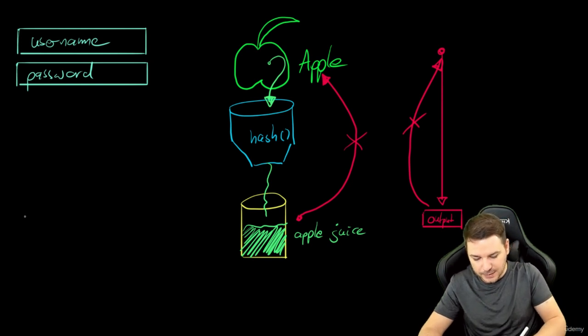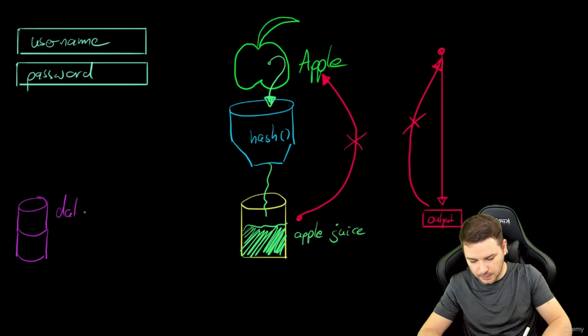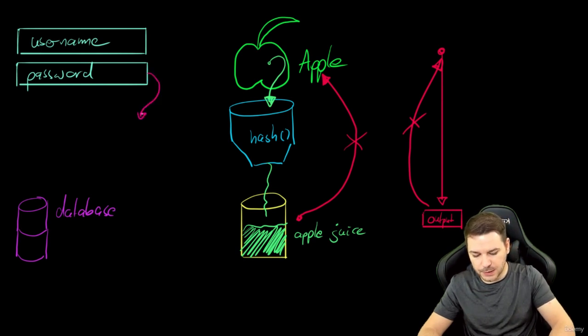So let's say we've got this database over here. This is now not a class anymore. This is now the database that is storing those passwords. All we need to do right now is the following. We take the password of the user and put it into a hash function, this one over here.